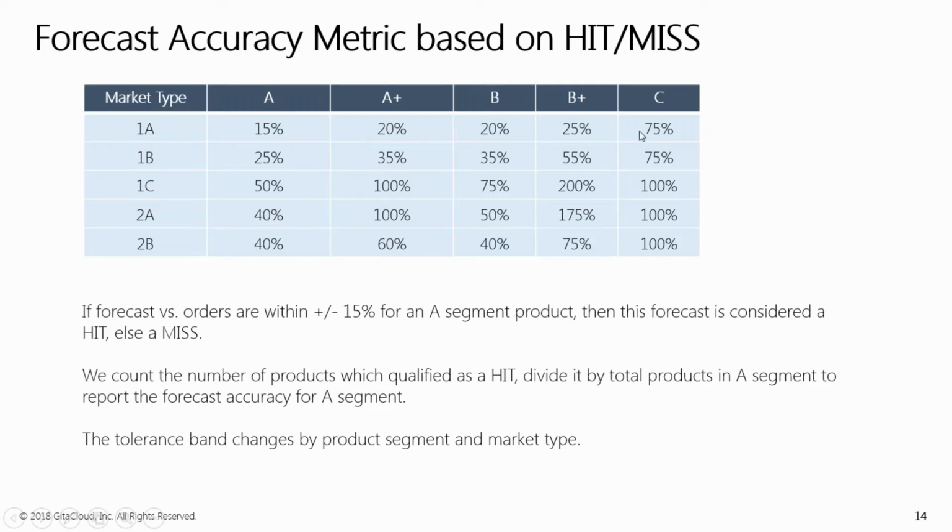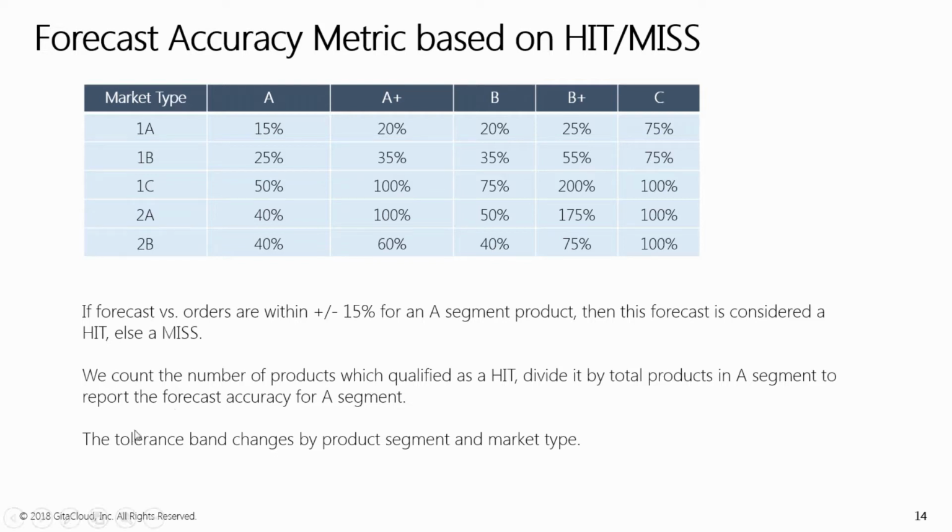On the same token, if you look at the C item 75%, it means if Dabur came up with a forecast, and if it is within plus or minus 75% of the actual orders that came in, they consider it as a hit.